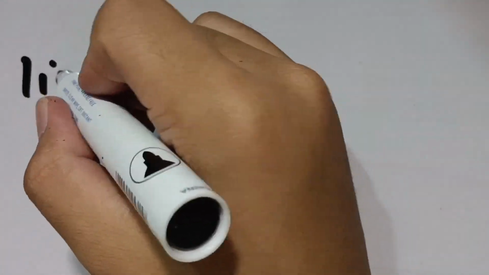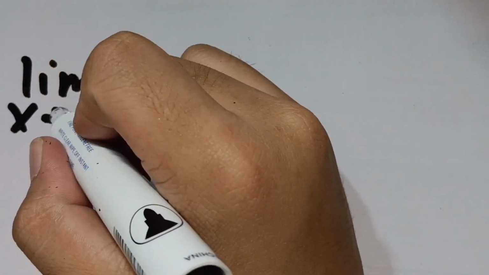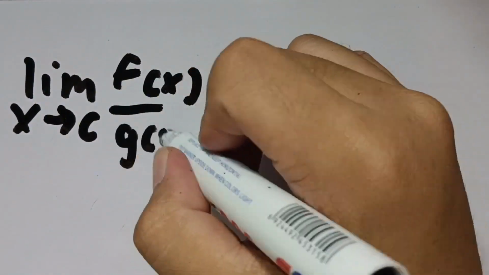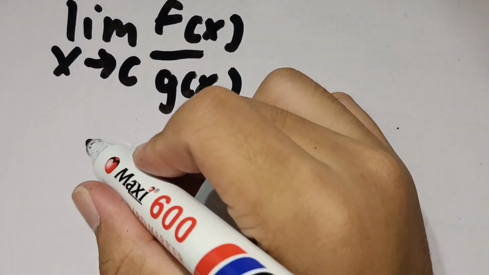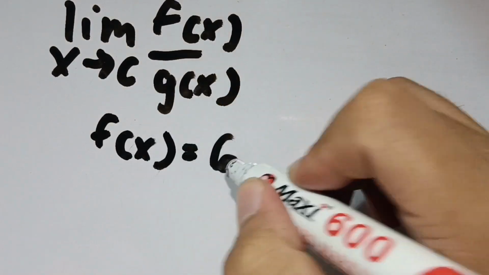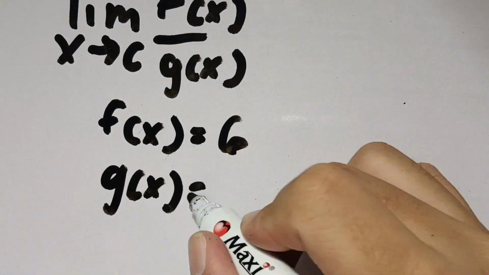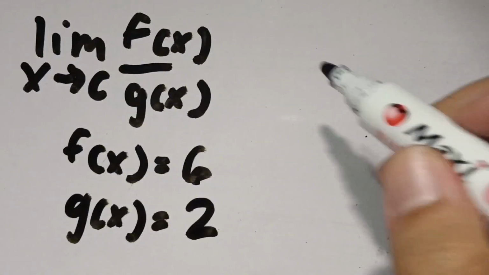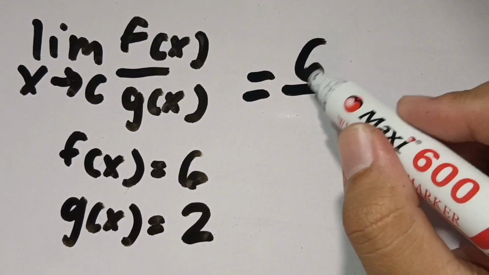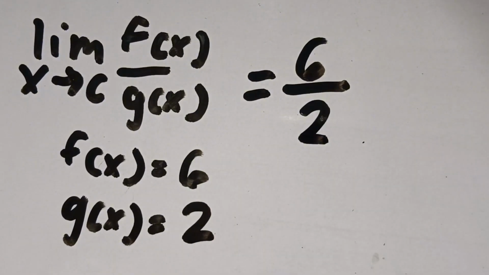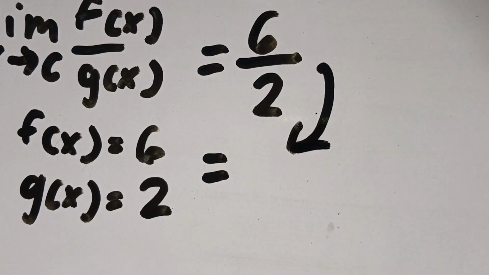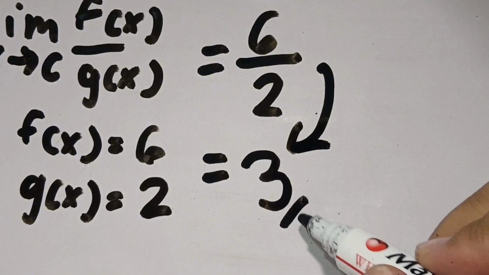So sa rule na to, sinasabi na bawal gumamit ng 0 dahil sa fact na magiging undefined ito. So let's say the value of f of x is 6 and the value of g of x is 2. We then substitute and we get 6 divided by 2 is equal to 3, which is our limit.